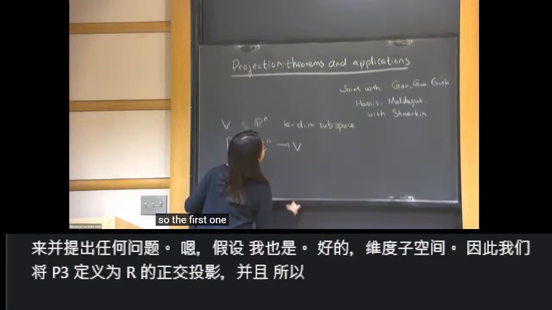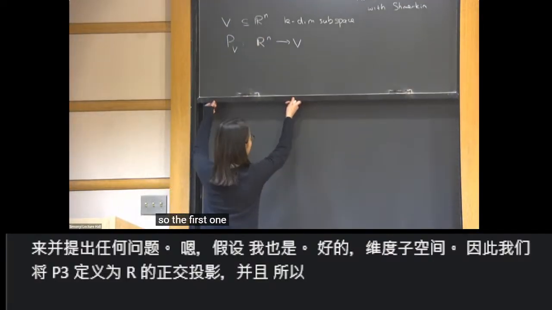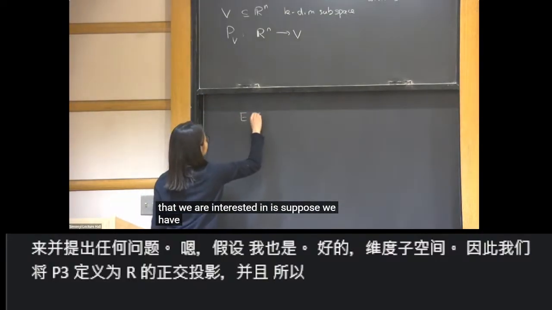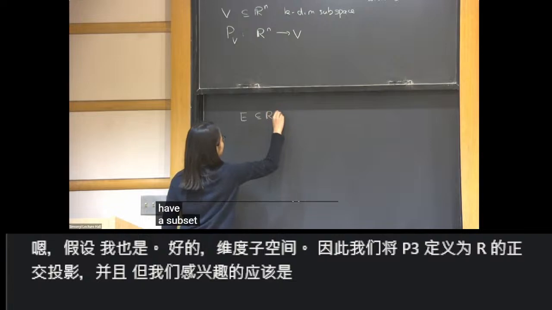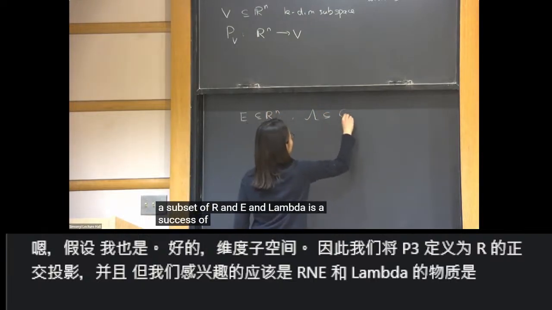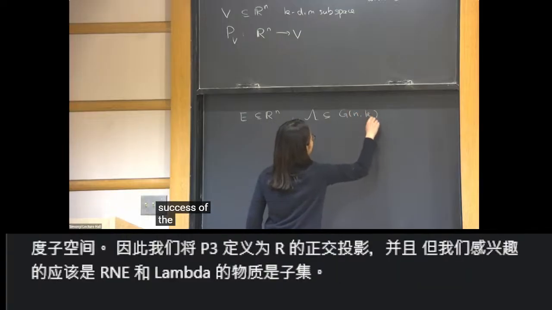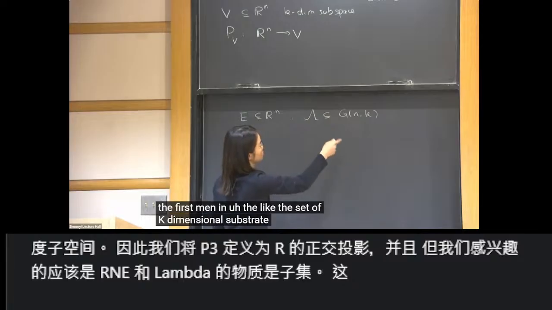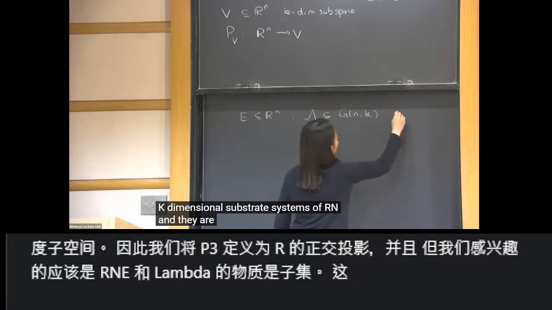The question that we are interested in is: suppose we have a subset E of R^n, and Lambda is a subset of the Grassmannian, a set of k-dimensional subspaces of R^n, and they are both compact.